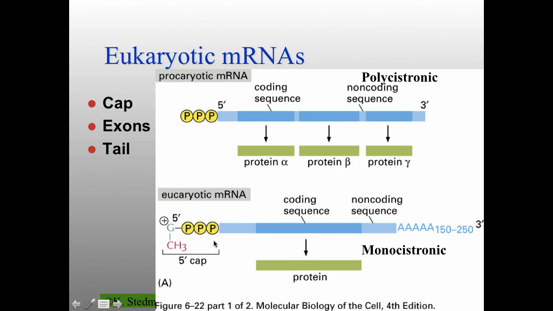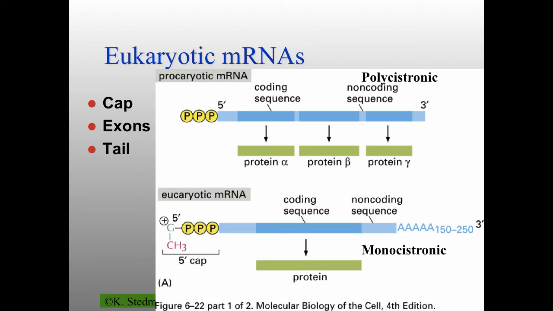So the cap is this 5' methyl G cap that binds 5' to 5' at the end and is really blocking the exonucleases, which otherwise love to bind into the end. It also provides the binding site for, again, the creatively named cap binding complex, which helps you get that messenger RNA out of the nucleus.